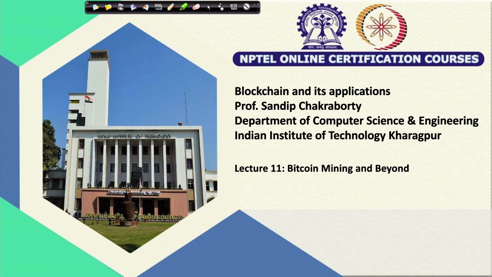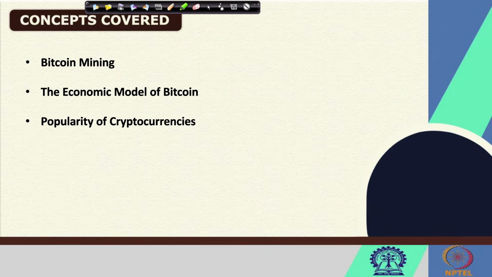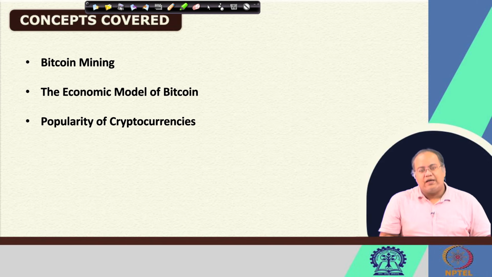Broadly, our lecture topic today is Bitcoin mining. This entire consensus procedure that is used in Bitcoin, we call mining. We are going to look into the idea of Bitcoin mining and the economic model behind Bitcoin, which explains why someone would be interested in solving the puzzle.